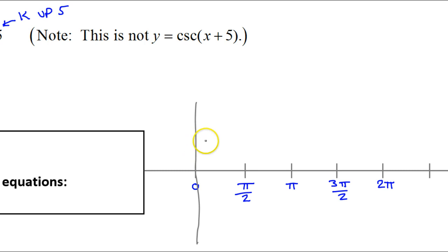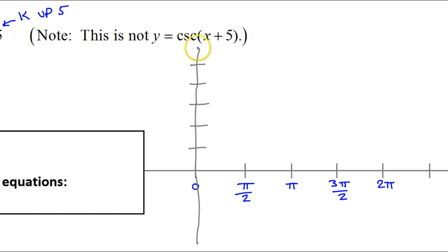Now, let me be careful. I need to do this shift of up 5, so I probably should leave myself some extra space up here. Okay, so here I go, counting my way up 5. So 1, 2, 3, 4, 5.